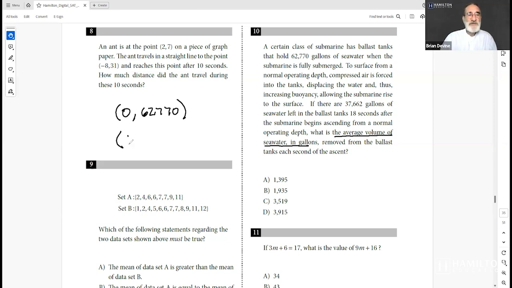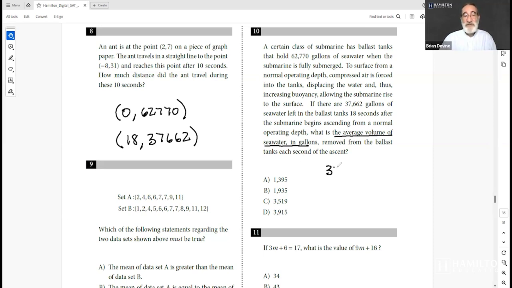And then they told us at time 18 seconds later, there was 37,662 gallons in the tank. And the average volume of seawater must be the linear slope between those 2 points. So I find that rate of change.